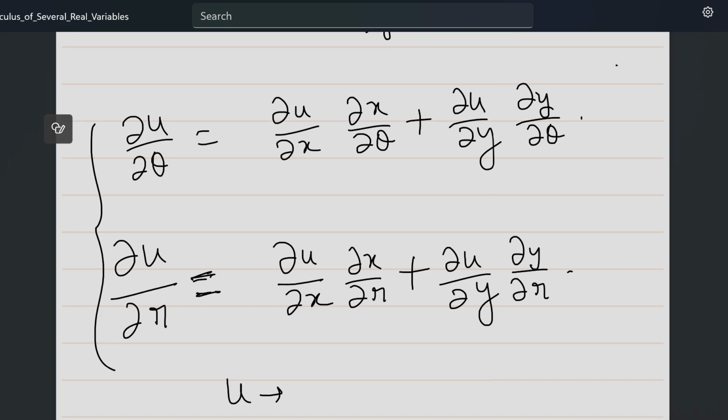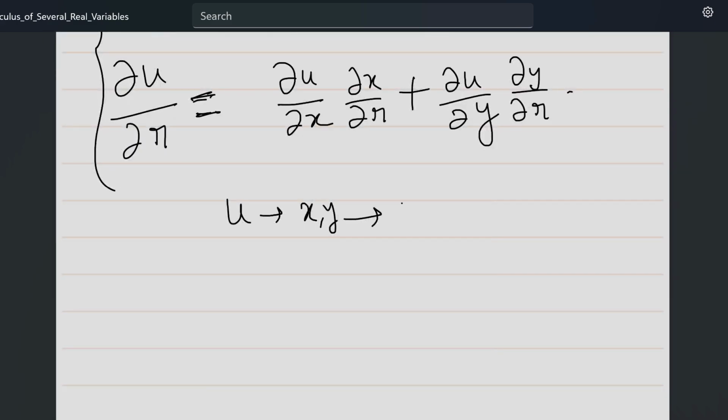Suppose u is a function of x and y, and x and y are functions of t. Then I will write du dt. So what is this? Tell me. Because I have to tell many things today in 1 hour. So del u del x into dx dt, not del x del t.